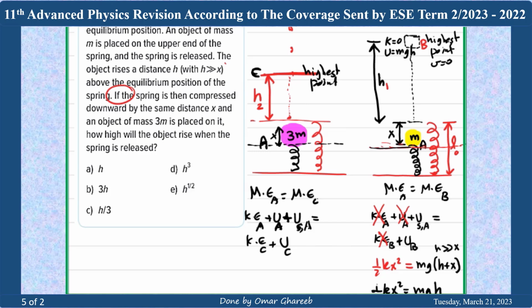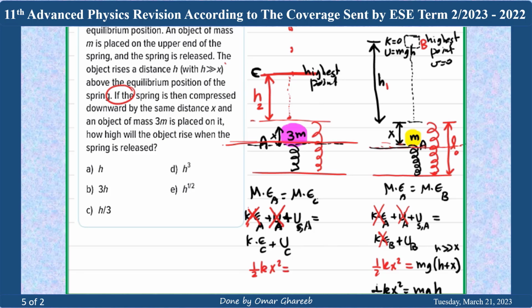Now, again, at A we have rest, so there is no kinetic energy, and the gravitational potential energy is 0 by considering the reference here. So we are left with only the elastic potential energy in the spring, which is 1/2 kx squared.